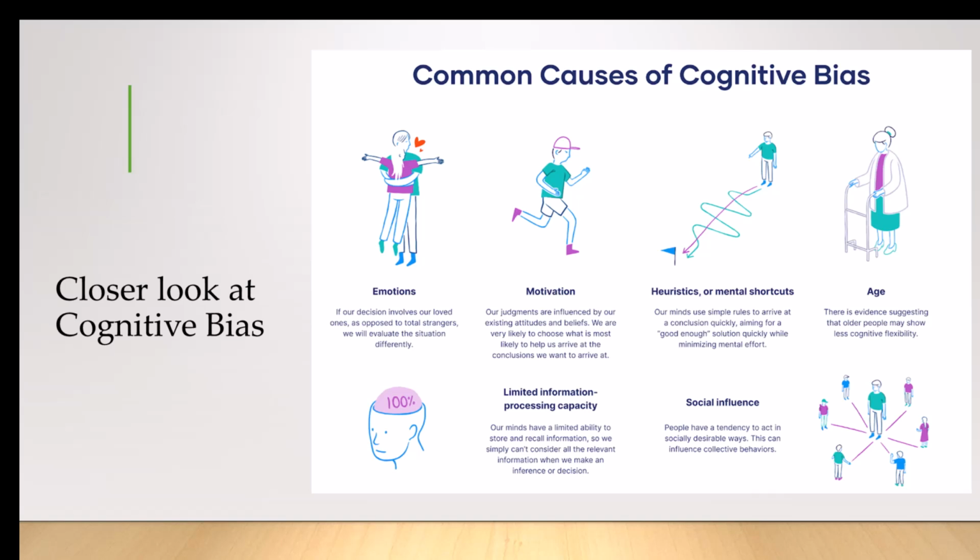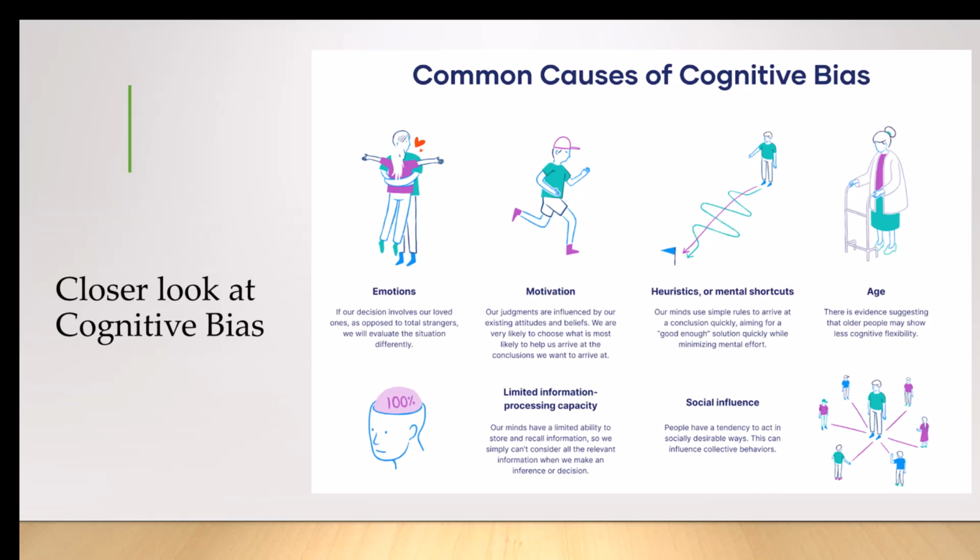Cognitive biases are systemic errors in thinking that affect our judgment. For example, confirmation bias leads us to seek information that confirms our biases, while anchoring bias makes us rely too heavily on the first piece of information we receive.